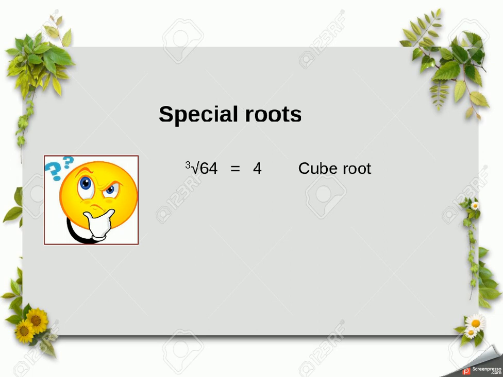So for instance, they might ask what's the square root of 16, and you'd be expected to know that 4 times 4 is 16. You'd be expected to know that 16 is a square number. So that's why it's useful to learn your first 10 or 12 square numbers, so that you'll instantly know what those numbers squared are, or the numbers squared that make those numbers, and then what those numbers rooted are.